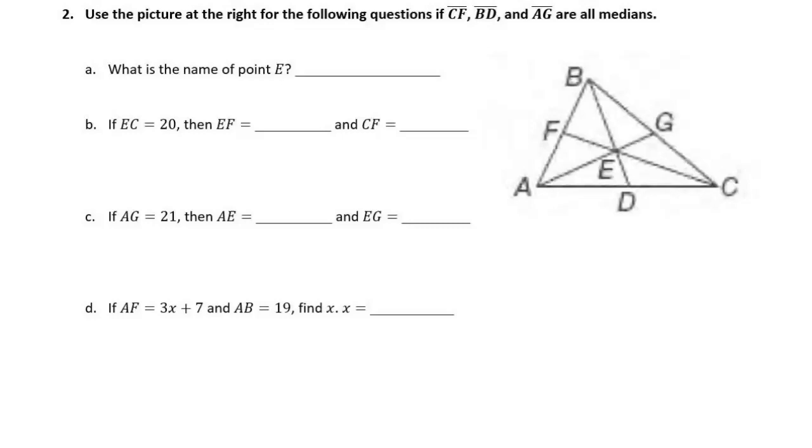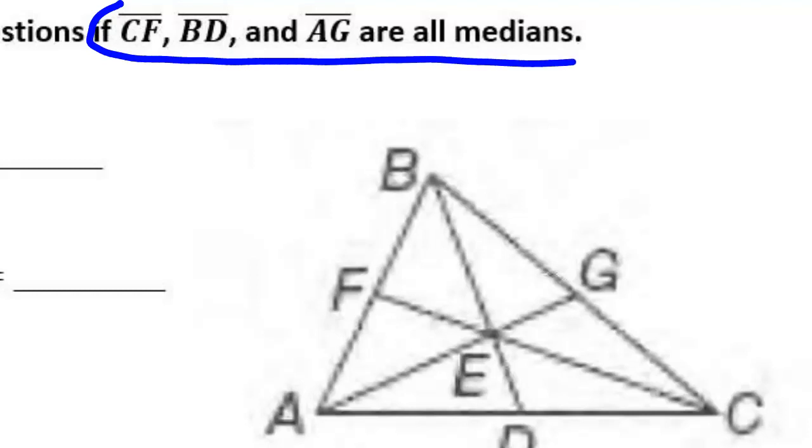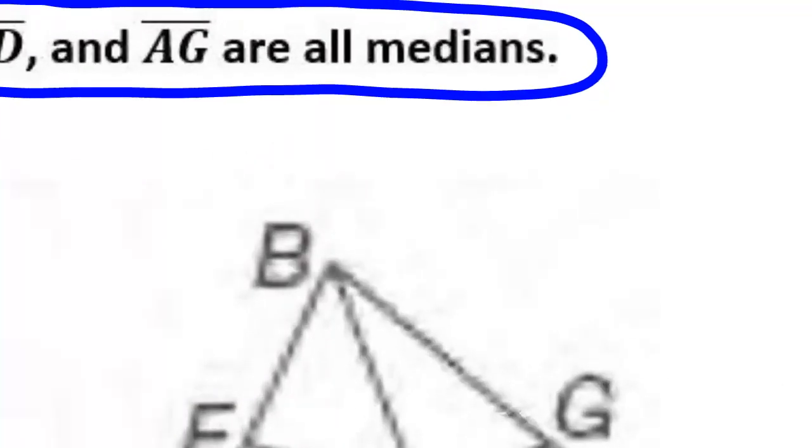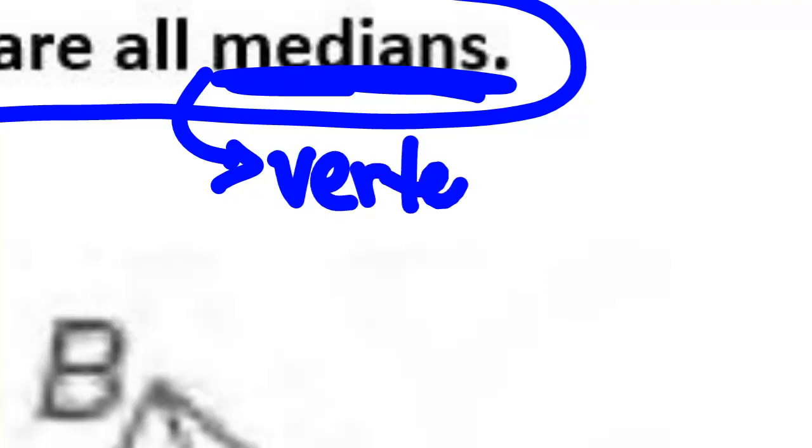On number 2, it tells me that segments CF, BD, and AG are all medians. And what did we say a median does? Goes from vertex to the midpoint.